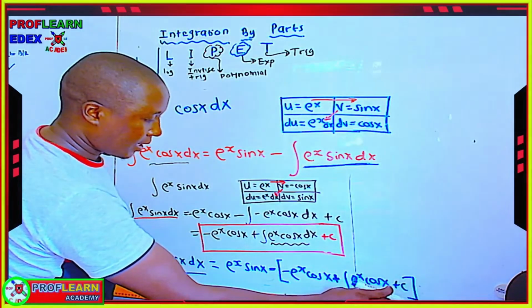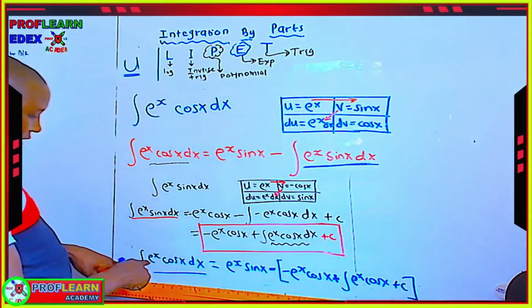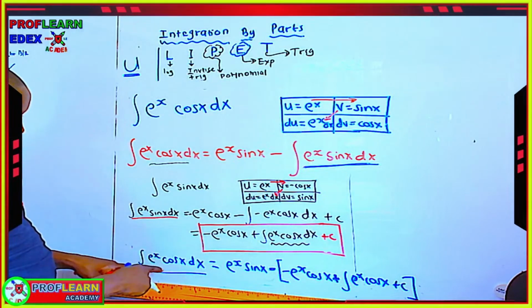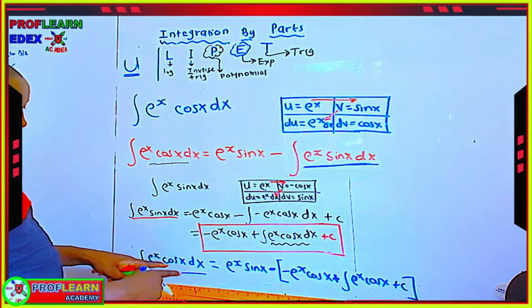So if we take this term on the other side of this equal sign, they are going to be two integrals of e^x cos x dx.